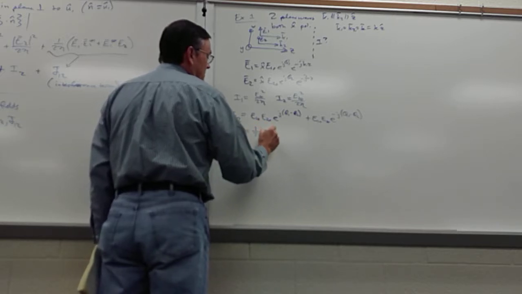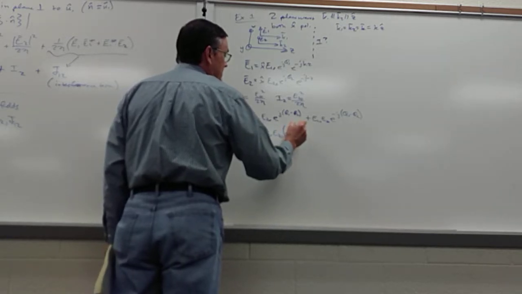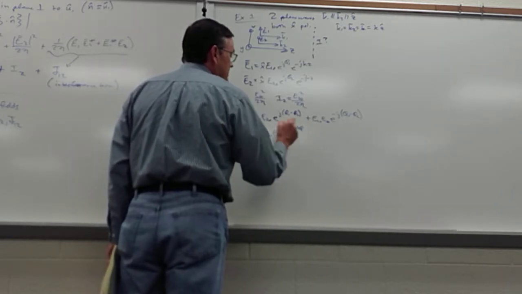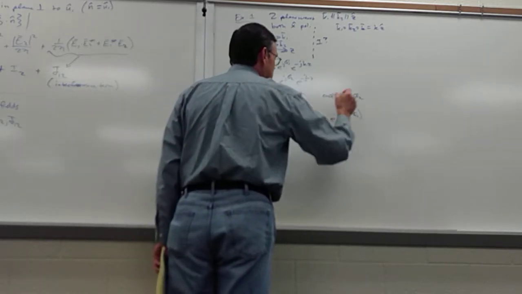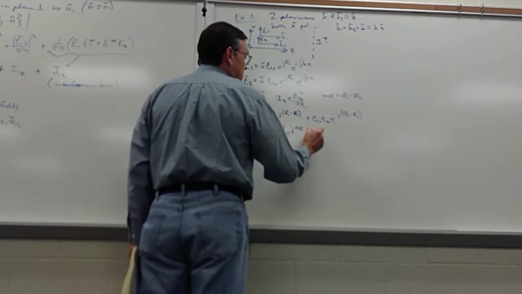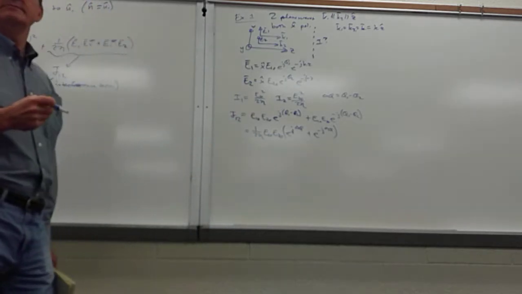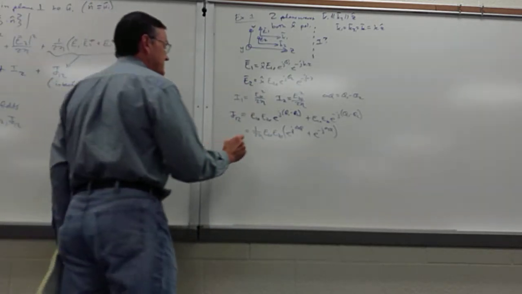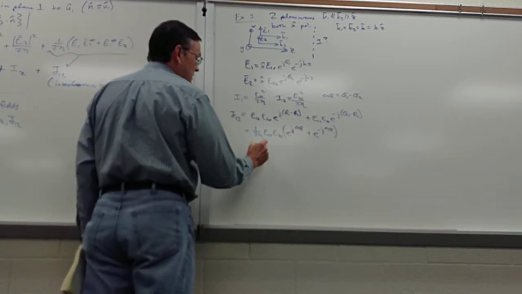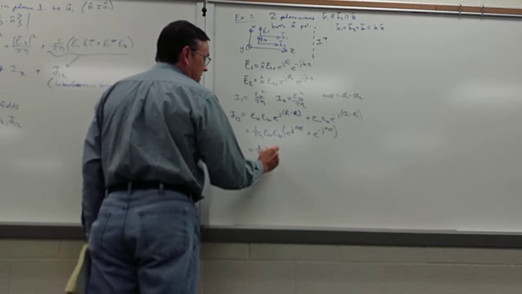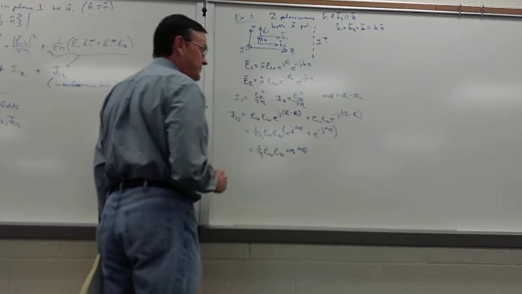I can pull out the E10, E20, and then I have e to the j, let's just call this delta phi, so delta phi is phi1 minus phi2. So e to the j delta phi plus e to the minus j delta phi, and we recognize that as cosine. So we pull the 1/2 in to get the cosine. So we have 1 over eta, E10, E20, cosine of delta phi.